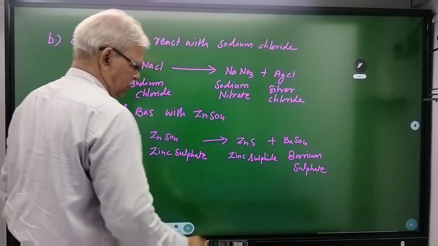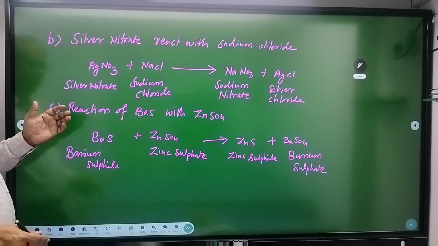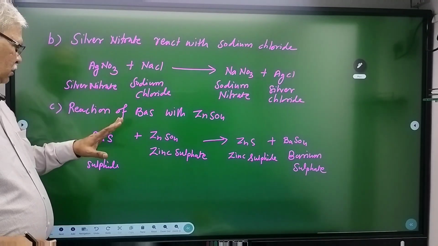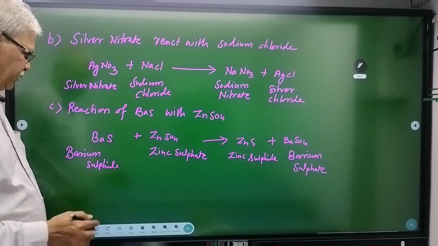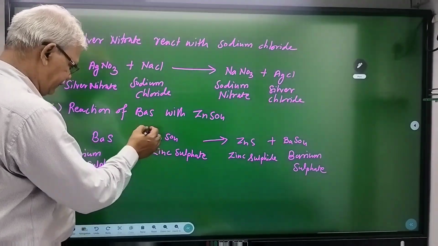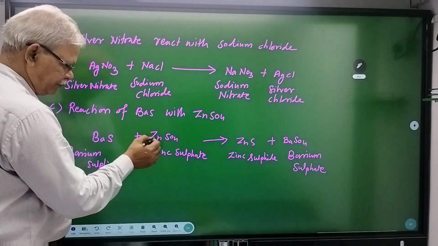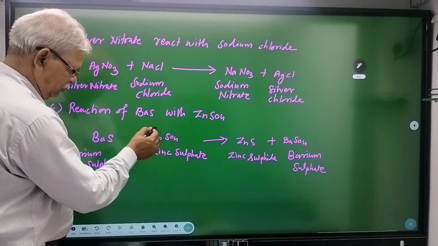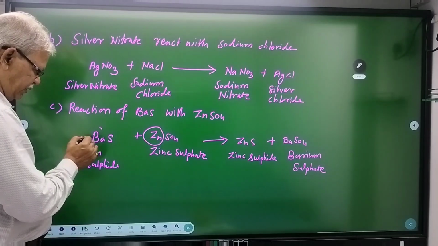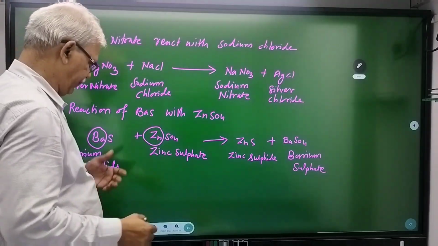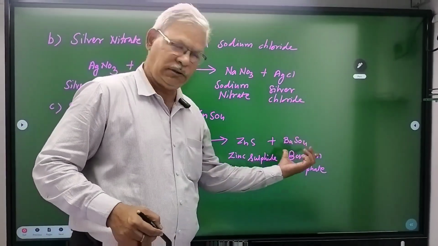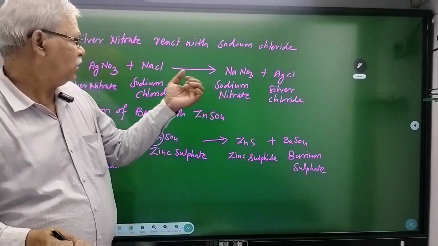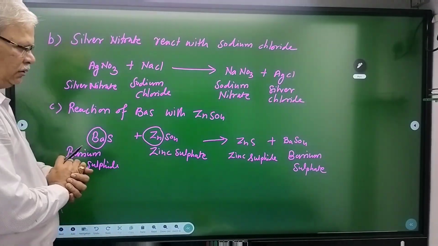Okay. This is the double displacement. Now see here in this, zinc replaces barium and barium replaces zinc. Okay. Therefore, this is called the double displacement reaction.